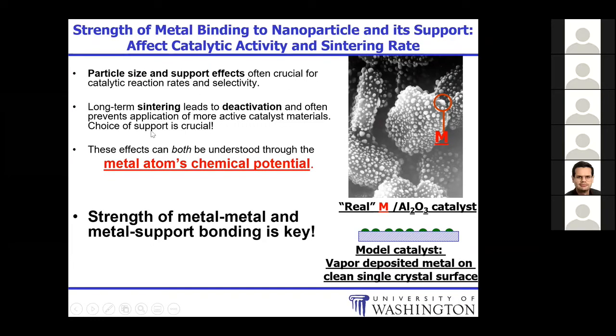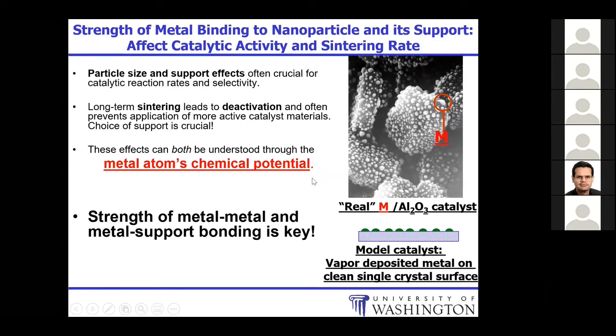And both of these things can be understood, I think, best as a first pass from understanding how the metal atom's chemical potential in these nanoparticles varies with the particle size and the support material.